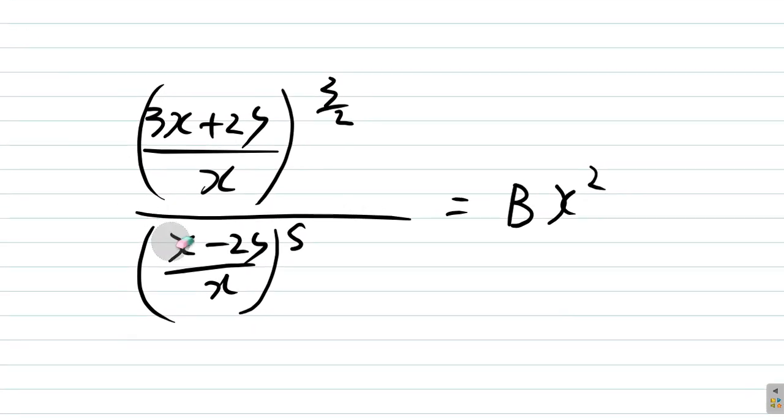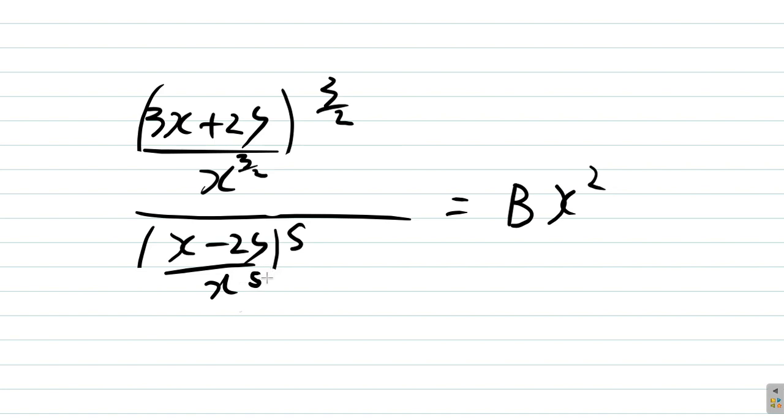Now here, what you could say is all of this to the power of 3 over 2 over x to the 3 over 2, and then all of this up top to the 5 over x to the 5.